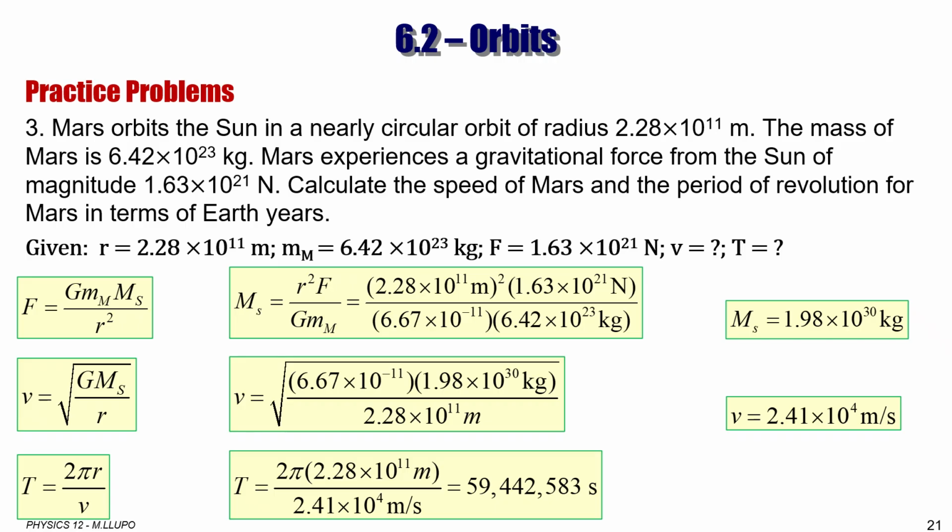If you convert into Earth years, remember they are 365 days, 24 hours in a day, and 3,600 seconds in 1 hour. If you divide that number by 365, divided by 24, divided by 3,600, you'll get 1.88 Earth years.